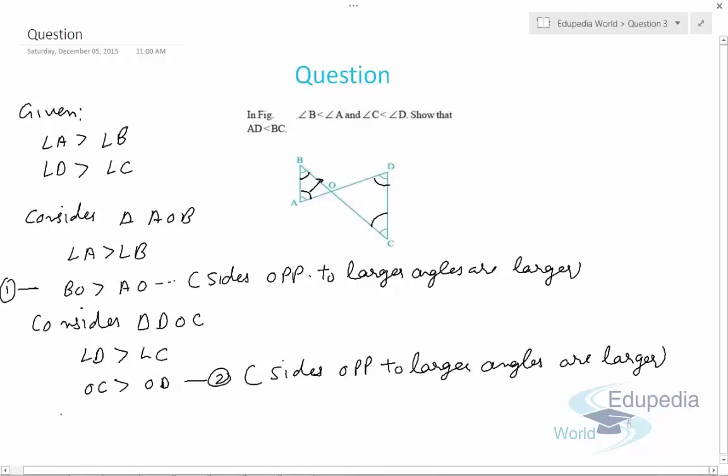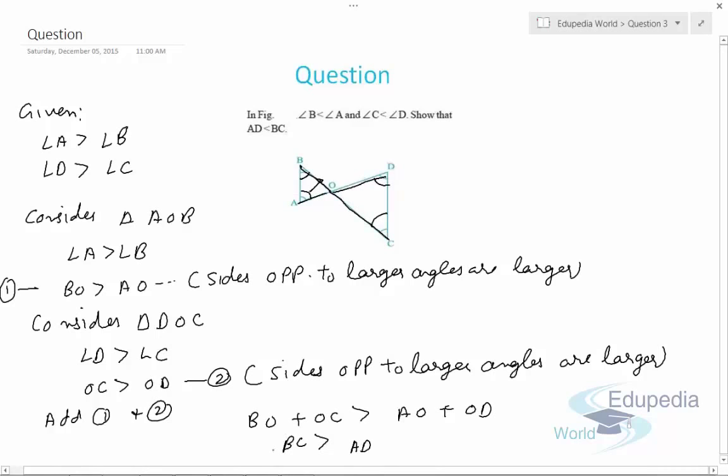Now if we add 1 and 2, BO plus OC will be greater than AO plus OD. Now BO plus OC becomes BC, which will be greater than AO plus OD, which becomes AD. So this is how we can prove that BC is greater than AD.